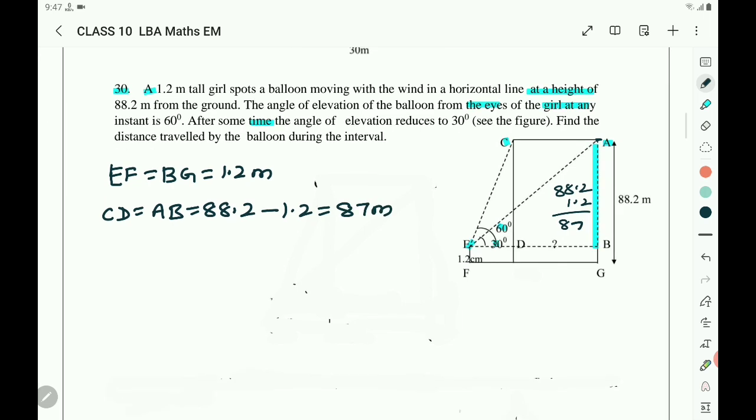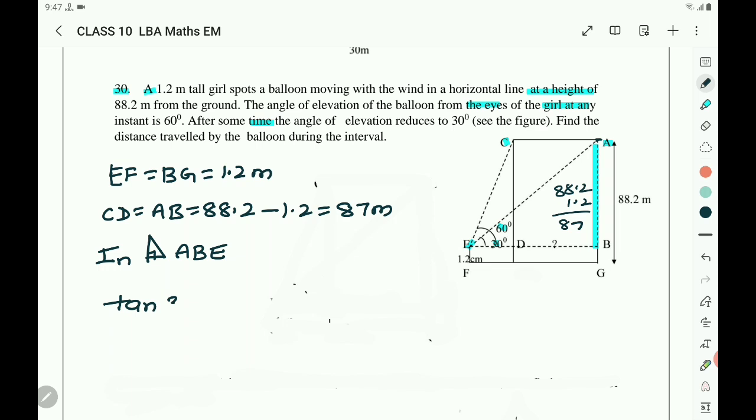Next, you take the right angle triangle ABE. For 30 degree, AB is the opposite side and EB is the adjacent side, right? Which trigonometric ratio?